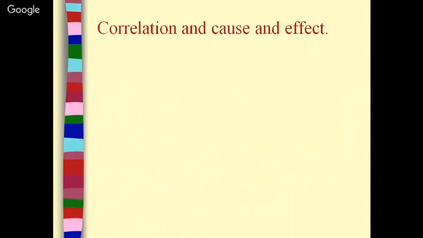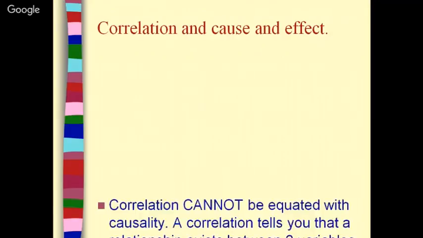Now, correlation and cause and effect. You just said that academic achievement is related with the aptitude. Some said that the cultural activities are related with this. Now, can I say one thing causes the other?